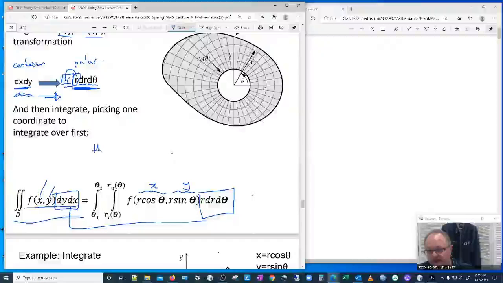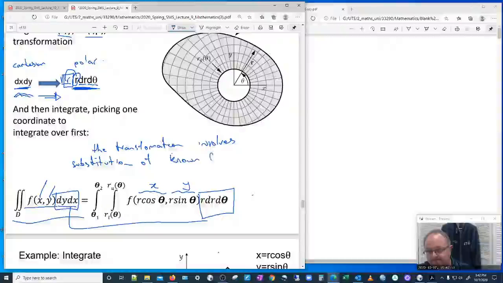So the transformation involves the forms of the equations, the forms of the variables. So x is r cos theta, and we've got our increments shown between the two regions.